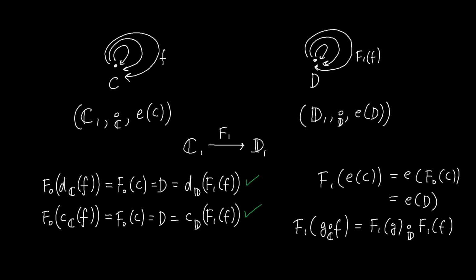So the axioms of a functor reduce to the properties 3 and 4.